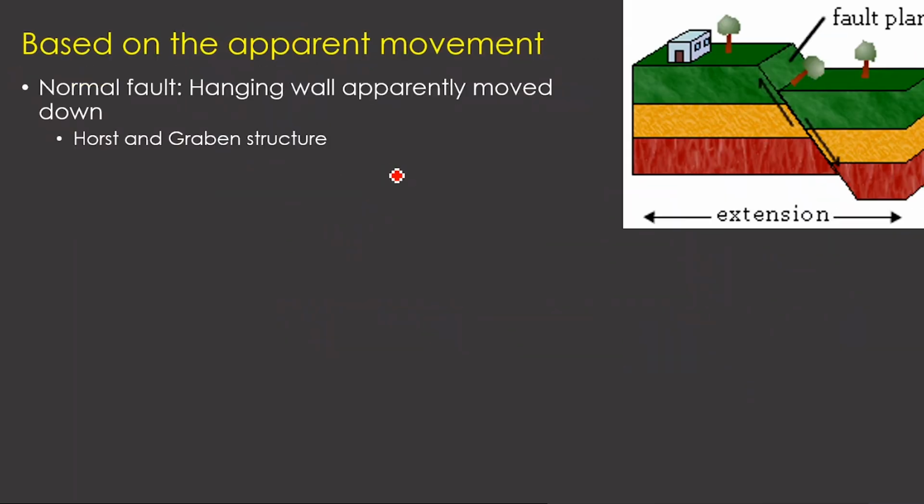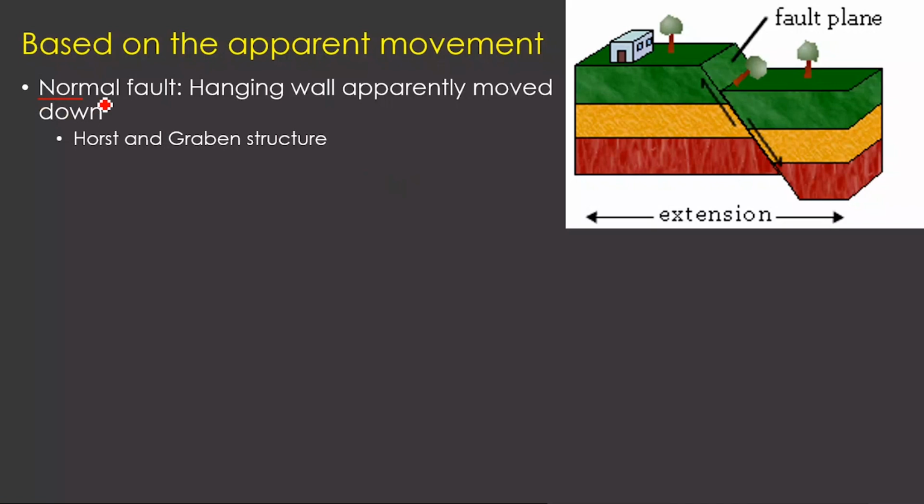So the first one is called a normal fault. If I see, the right block is hanging wall and this one is the foot wall. And what is the movement here? The hanging wall has moved relatively in the downward direction. As a result, what happened?